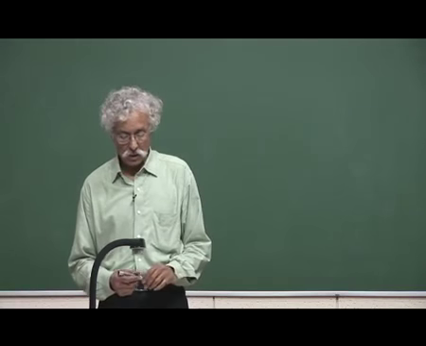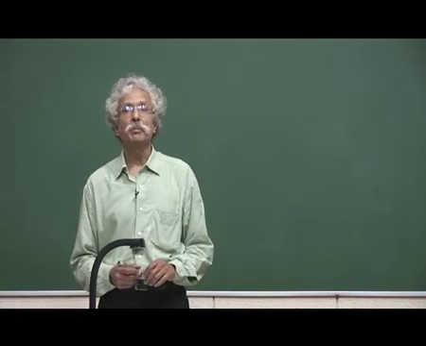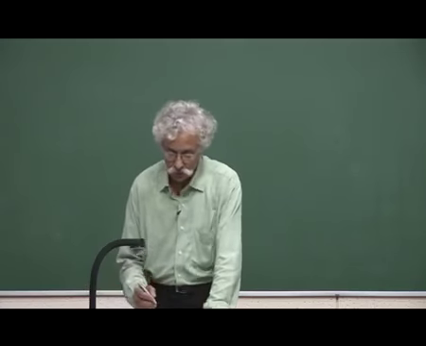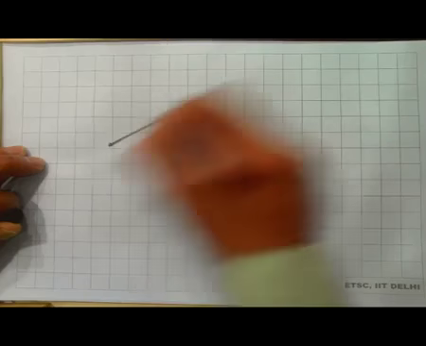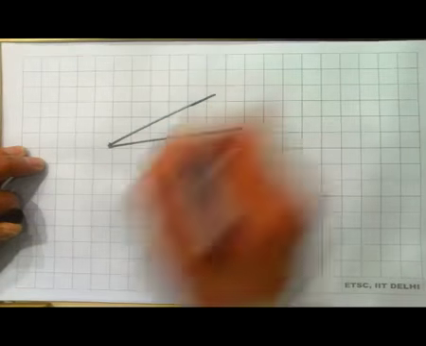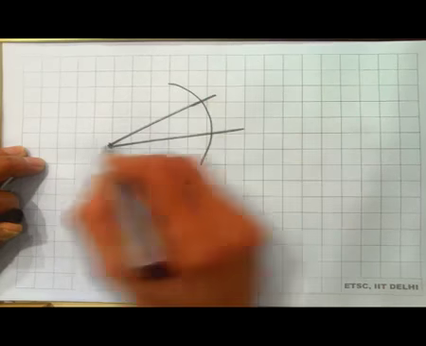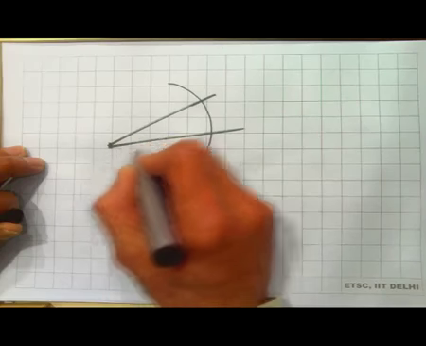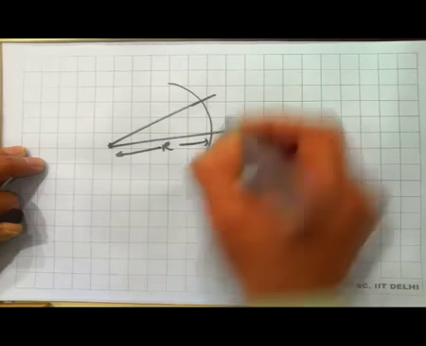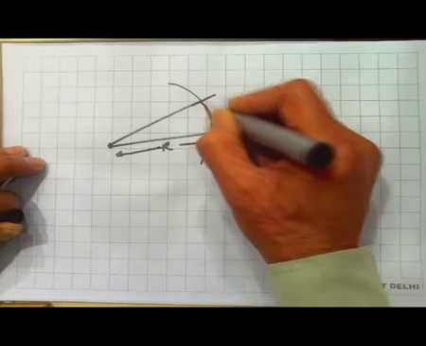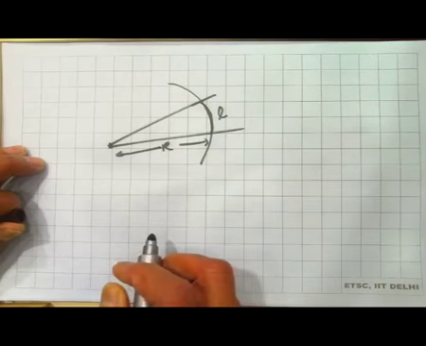Now we know that angles in a plane are measured in radians. So how do you measure an angle in radians? What we do is, we take this point and draw a circle around it of radius r. This cuts an arc length L on the circle.